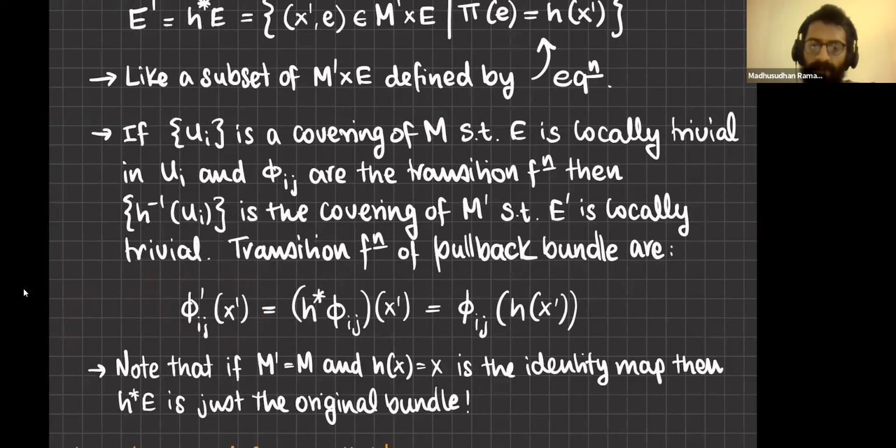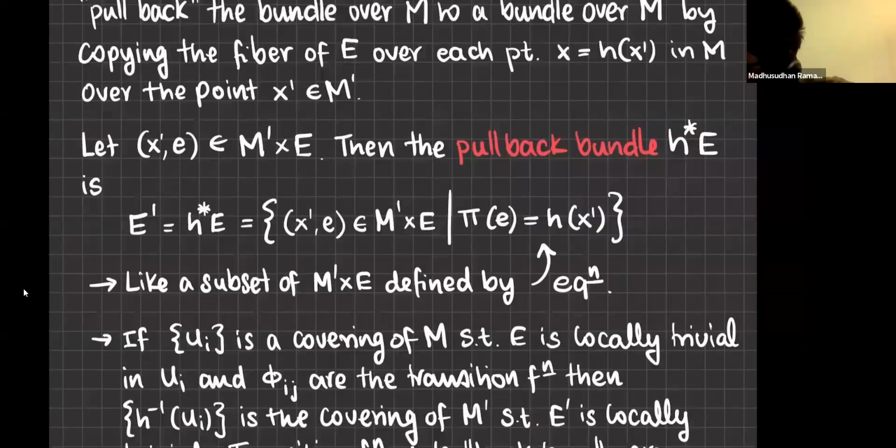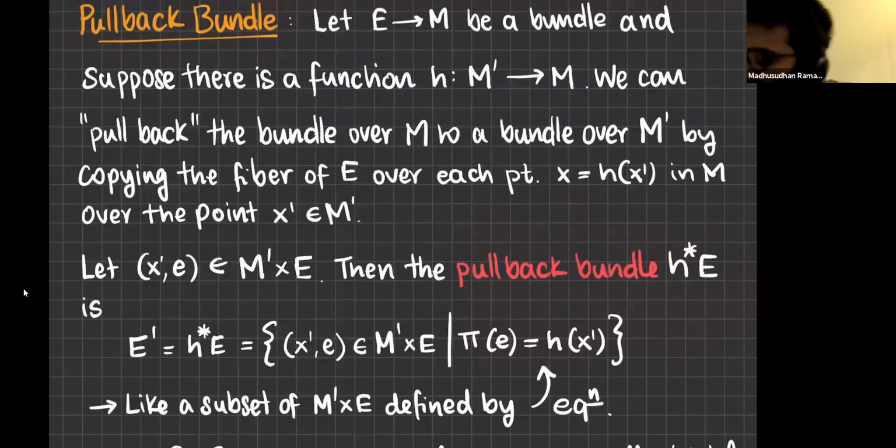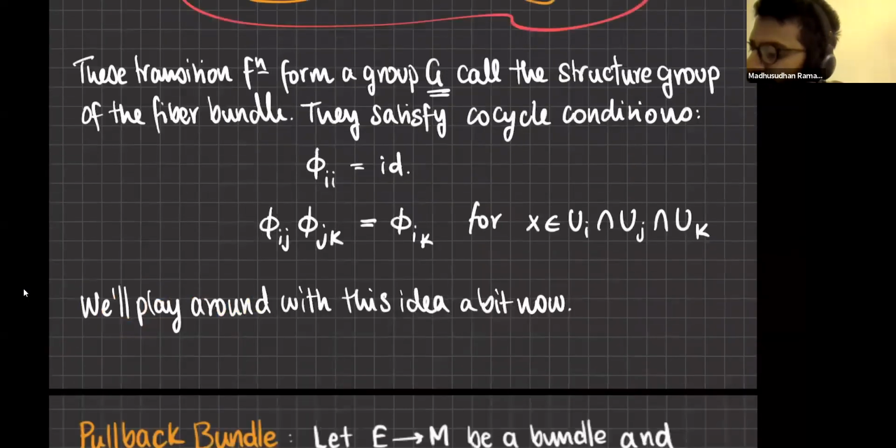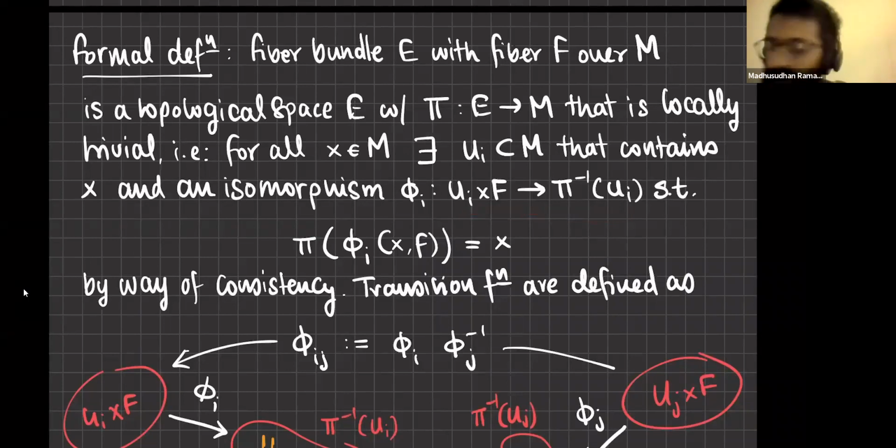Maybe if we go back up to the definition of the transition function, you see, phi i is Ui times F to pi inverse Ui. Nobody can stop me from just replacing this Ui with an x and this pi inverse Ui with an x. Then basically this is a map from F to F, so this is just a point, so this is just Fx to Fx. That's what I mean.